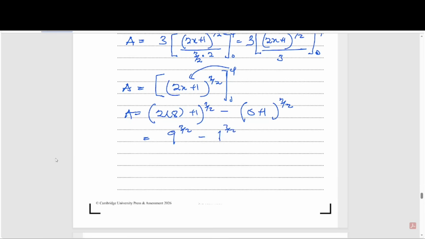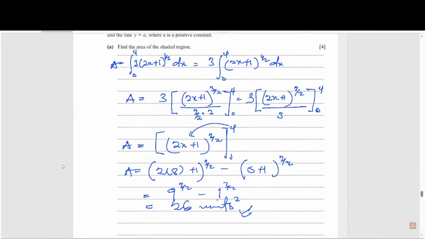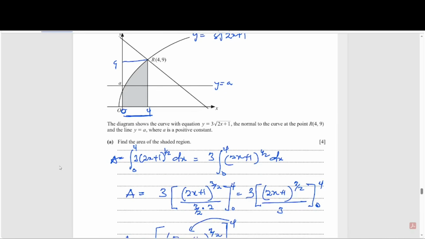So 9 exponent 3 over 2 is going to be, root of 9 is 3, 3 exponent 3 is 27, 27 minus 1, and that is 26. So the area is 26 square units, and that is the area of the shaded region in this curve.